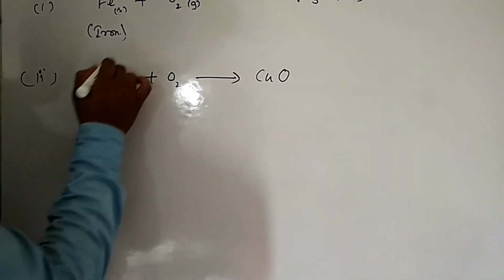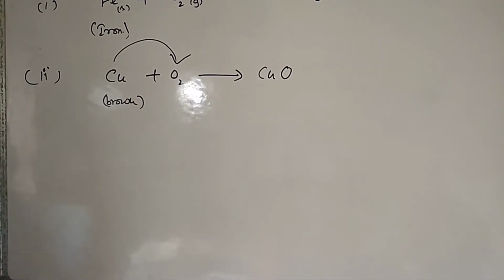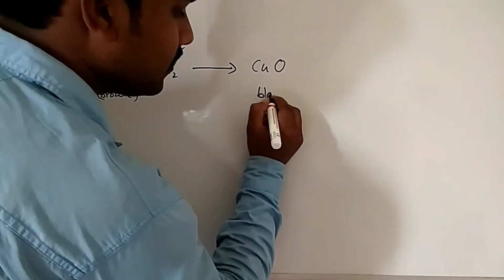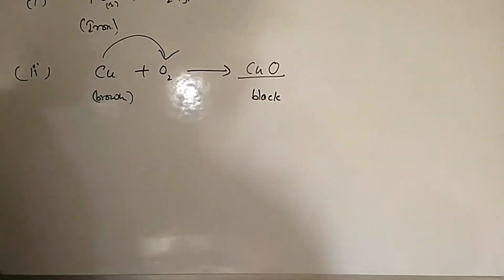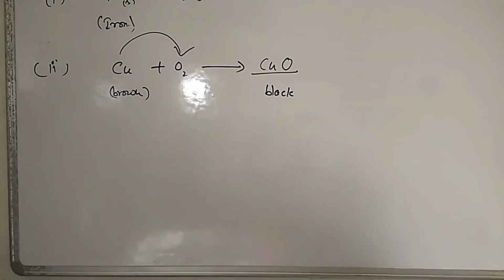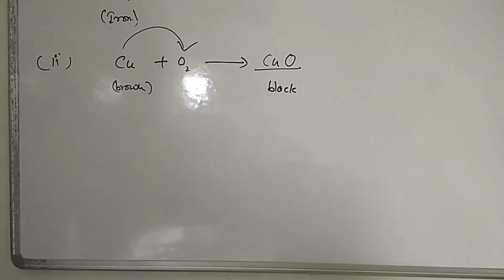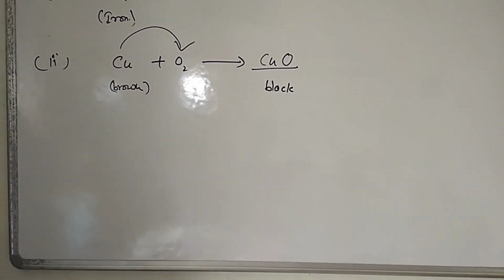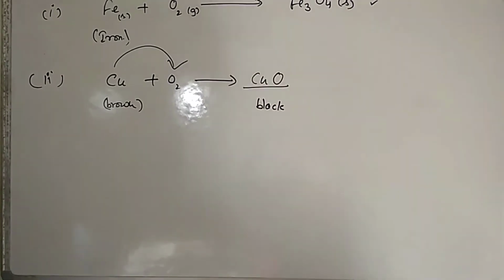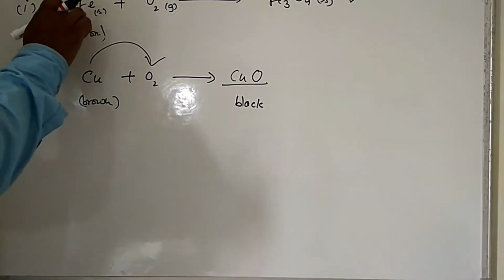When it burns on strong heating, it gives a black color compound known as copper oxide. Now the reaction of copper with oxygen takes place even less readily than that of iron. So we can say copper is less reactive than iron.